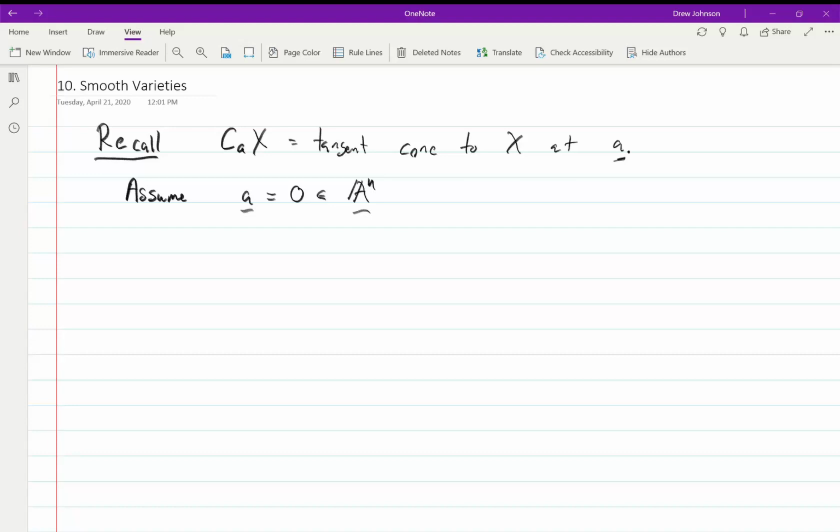Okay, and then the tangent cone was defined to be the vanishing set of the initial ideal, so the set of all f_in, I think is what we called them, for f in the ideal of X inside the coordinate ring of A^n.